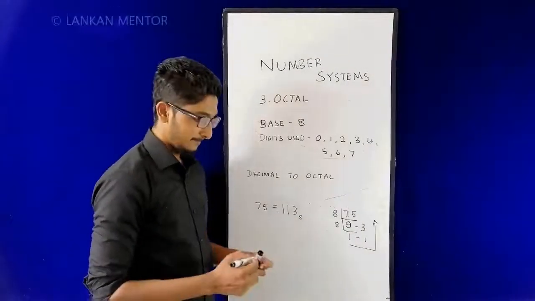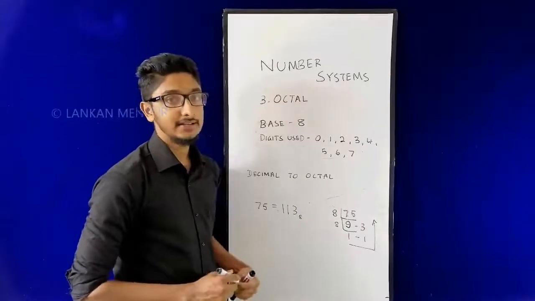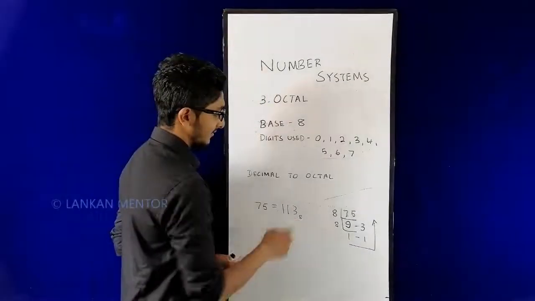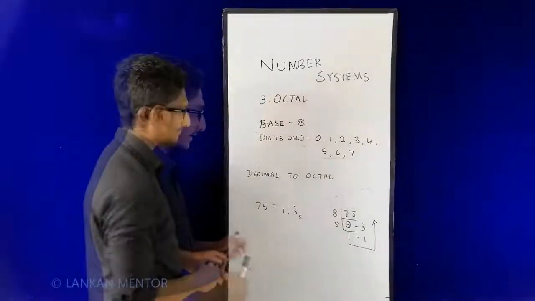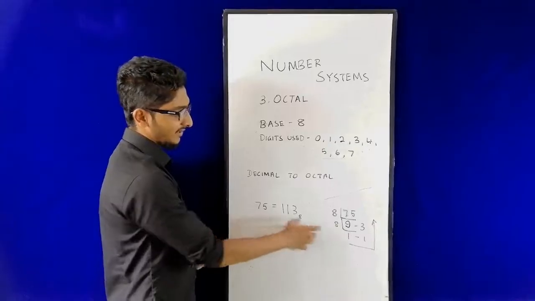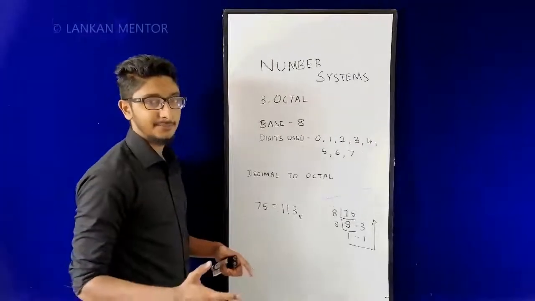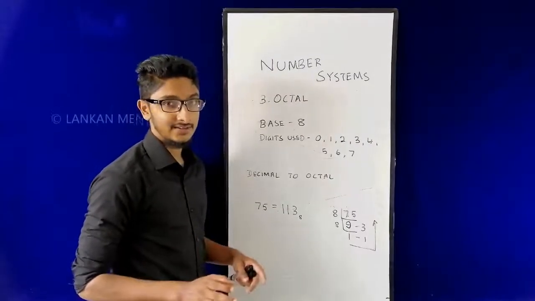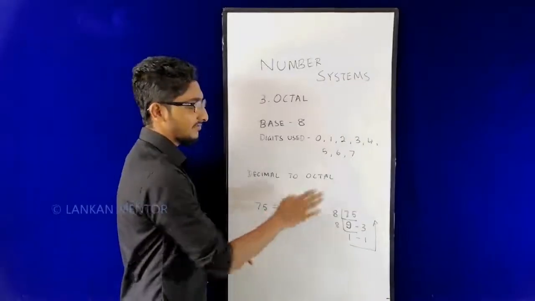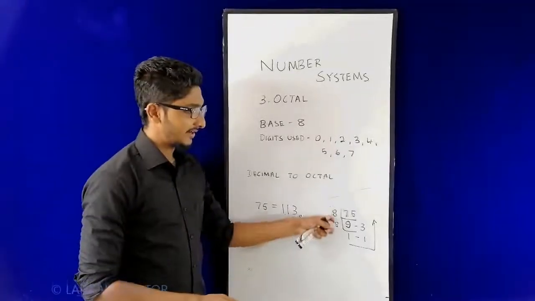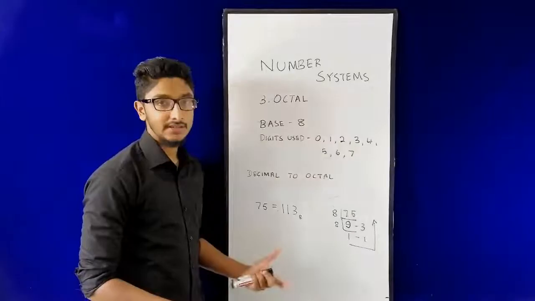Base 8. Shouldn't forget that. Base 8 is very important here. Okay, right. So this is how you convert. It is easy, very easy step. Alright, this is very easy. Decimal to octal, you are just dividing it by the base.